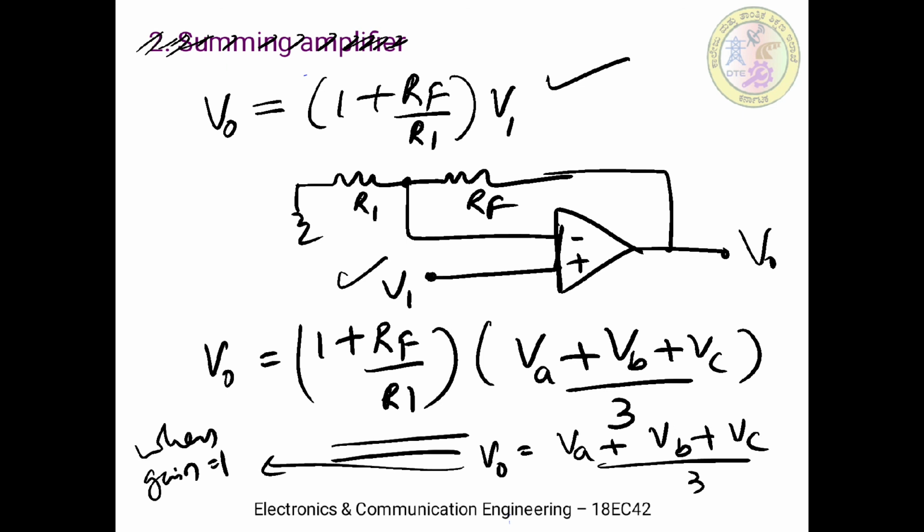Again, this can be made a simple summing amplifier also. How can we use it as a summing amplifier? If you make the value of 1 plus Rf by R1 equal to 3, then the 3 will get cancelled, and V0 in this case will simply be equal to VA plus VB plus VC.